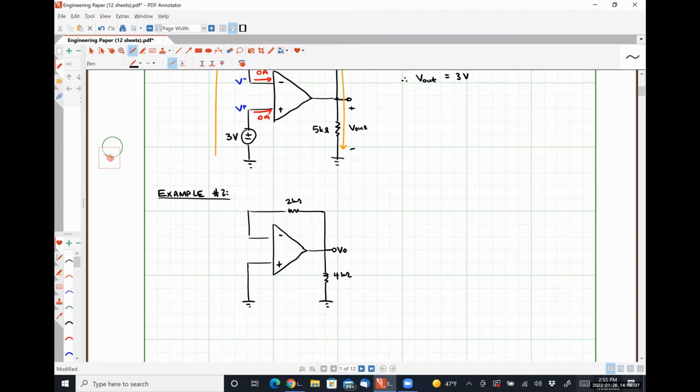This is going to be V out, which is the voltage drop across the 4 kilo ohm resistor, since V out represents a nodal voltage. And let's put a 3 milliamp current source at this terminal.